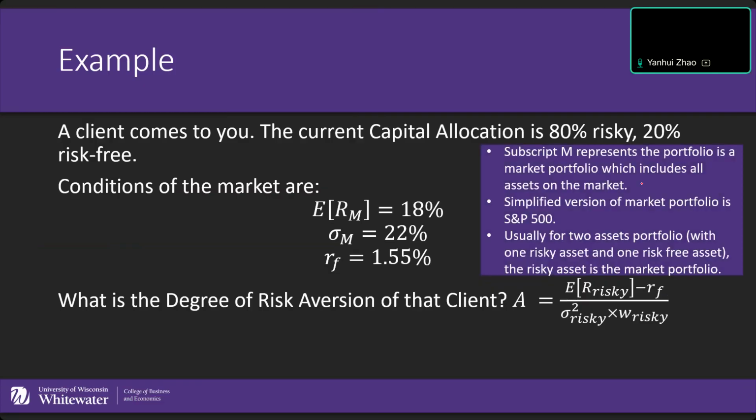So usually for a two asset portfolio, one risky and another risk-free, the risky asset will be the market. Can you find out the degree of risk aversion for the client?